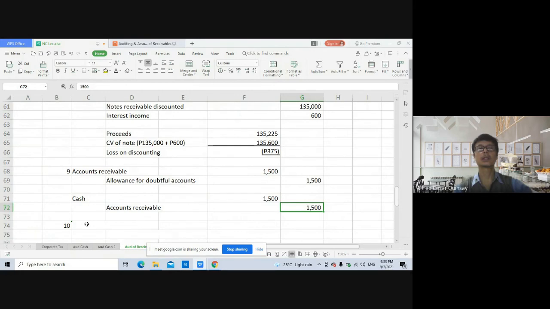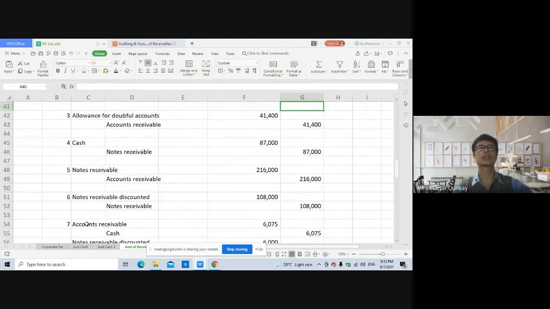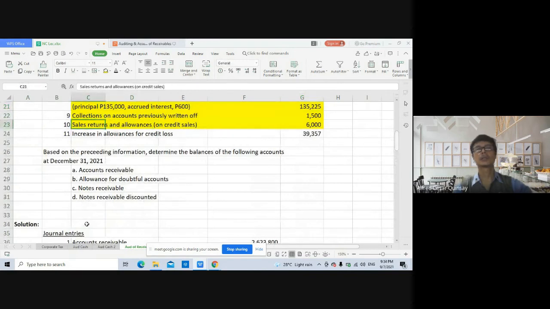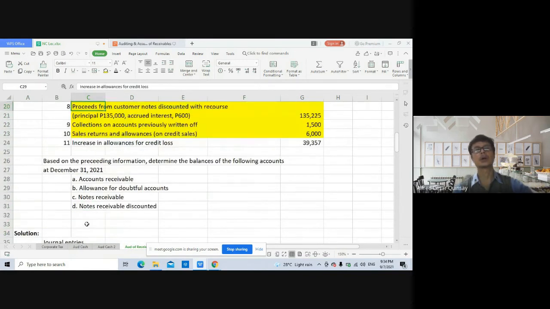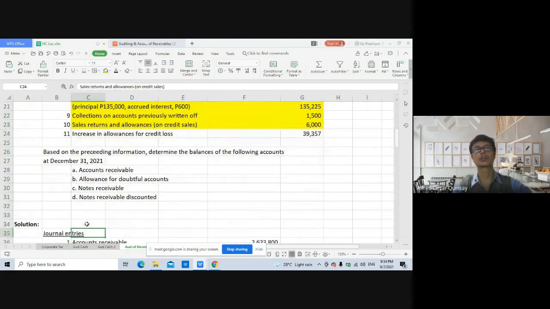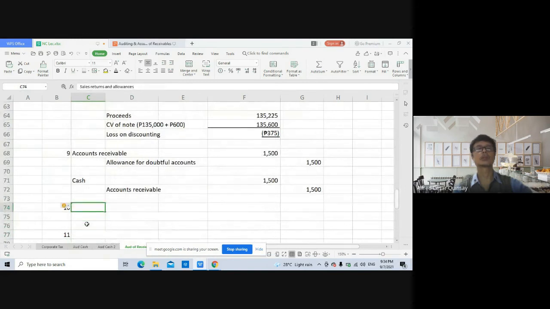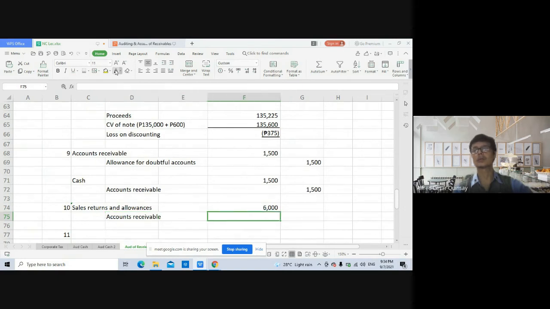Okay. And then next, yung number 10 is, it says here, sales returns and allowances on credit sales for 6,000. Okay, allowance and returns. We debit that for 6,000 and credit accounts receivable.